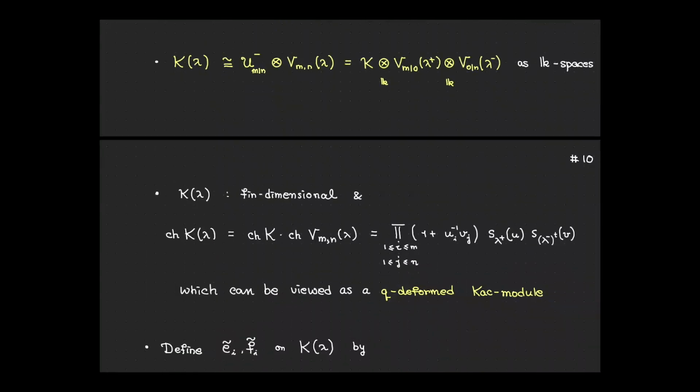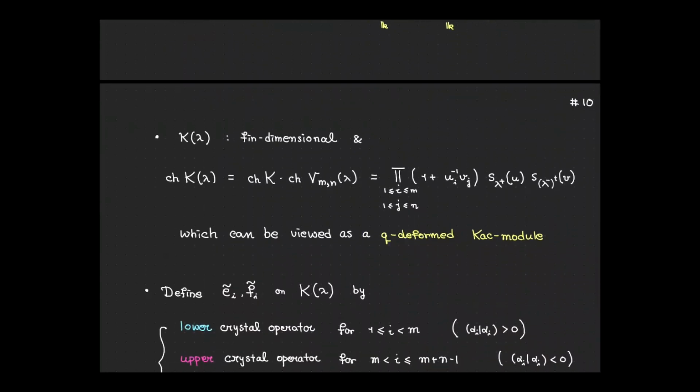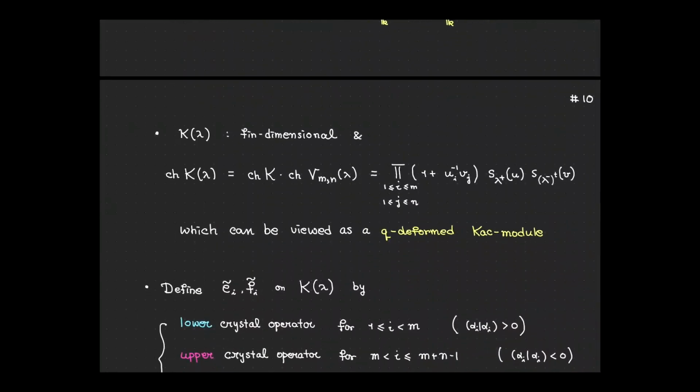And also its character, you can easily compute that the character of K of lambda is the product of the character of the subalgebra K and the irreducible representation of the Levi subalgebra. More explicitly, it is given by the product of two Schur polynomials, one from m and the other from n.